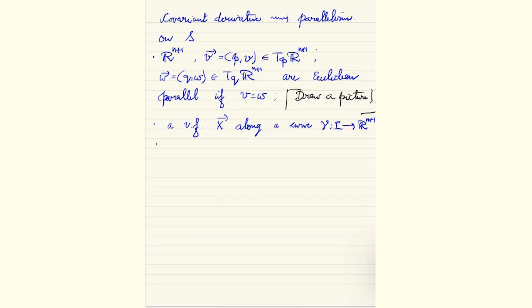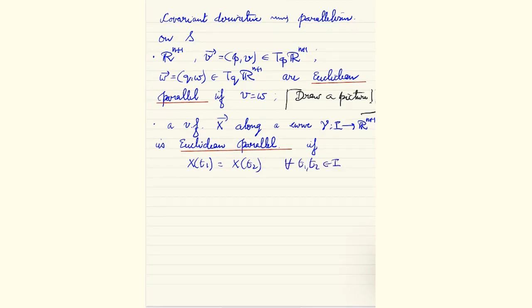This Euclidean parallel, because everything happens in Euclidean space, that's why the addition of Euclidean everywhere. It's pretty much applying the above definition to this vector field: x of t1 is x of t2 for all t1, t2 in the interval.